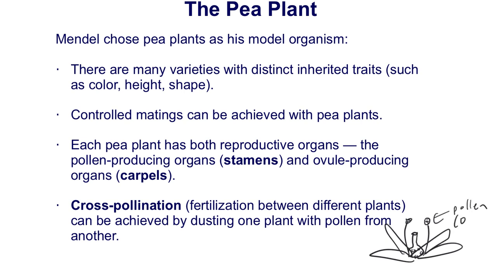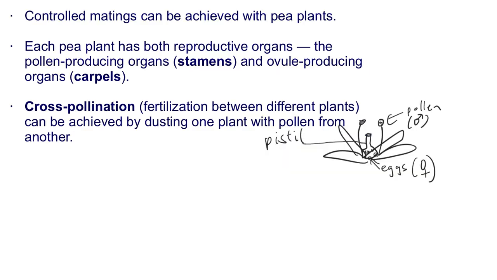Pollen is the male gamete, like the sperm. Inside the ovules, or little compartments inside the pistil, are the eggs, the female gamete.